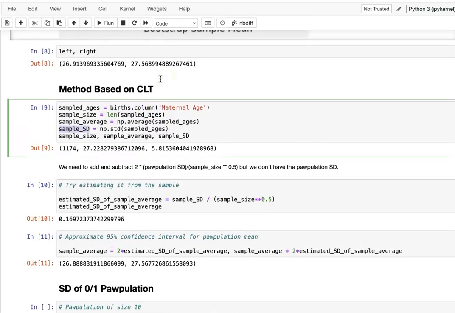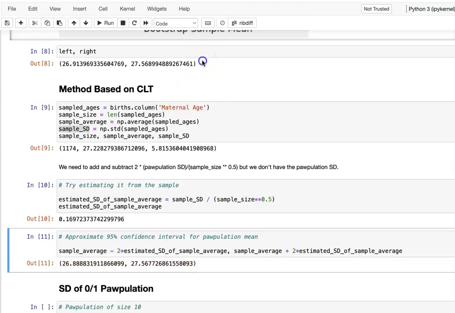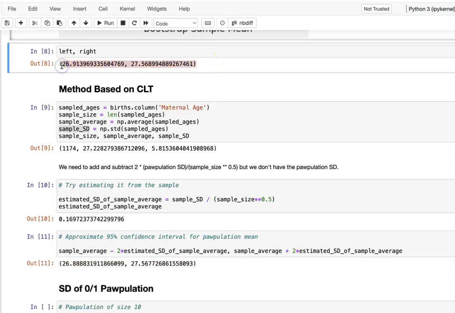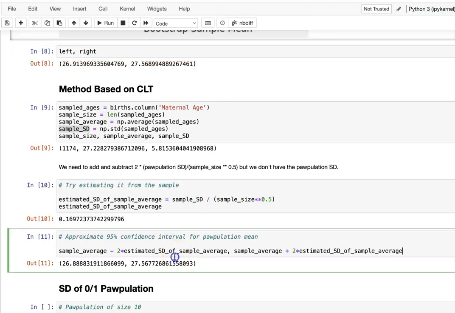Compare with the value from our bootstrap. Wow, you can see it's actually pretty close, right? The right side is 27.56, rounded up to 57, so they are the same. The left side is a little different, 26.93 versus 26.91, so only about 0.02 different.